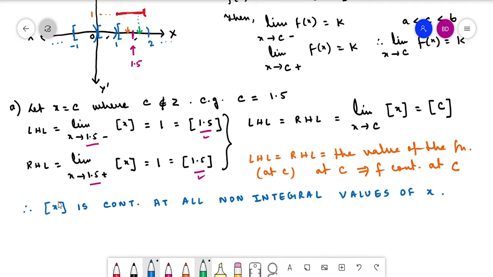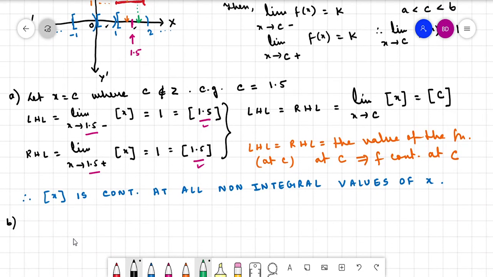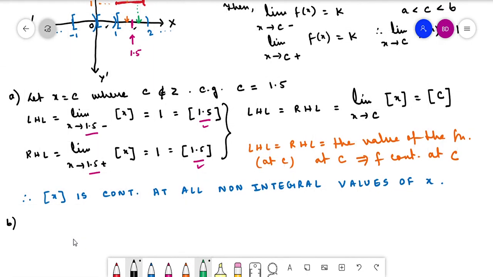Now we go to part 2. That is, we want to check whether box x is continuous or not at the integral values. Again I will take one example. Suppose, so this time, let c be an integer.